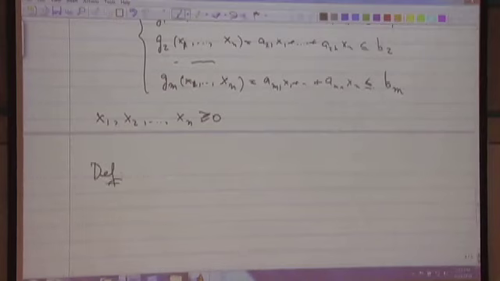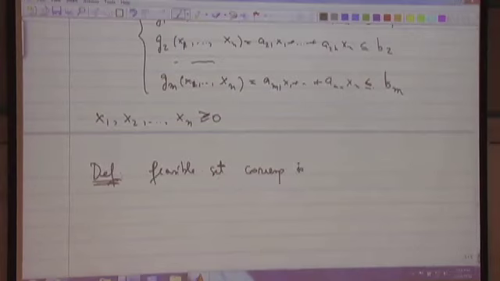So, just first to introduce this definition: the feasible set corresponding to such constraints is called a simplex. Simplex.